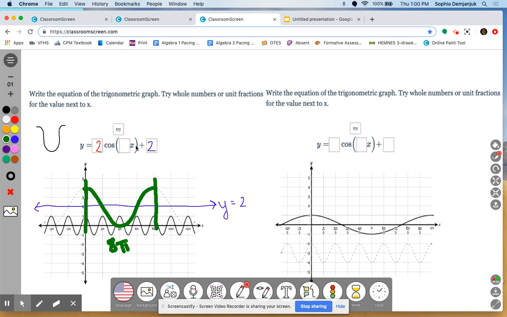I'm going to figure out how that is affected in my equation as what I need to fill in for b. So b's formula is 2 pi over the period. So 2 pi over 8 pi. We need to simplify. Pi on top and bottom cancels out. We have 2/8. The top and bottom is divisible by 2. So I get 1/4.